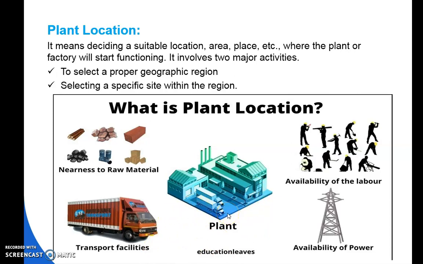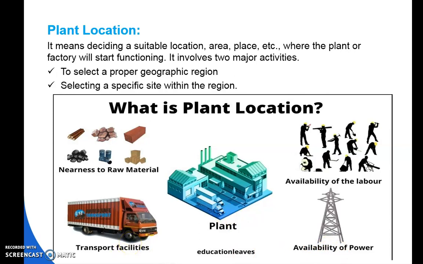For selecting the plant location, these are the more vital important factors: nearness to the raw material, availability of labor, then for building facilities we require some place, availability of power, water and transportation facilities.